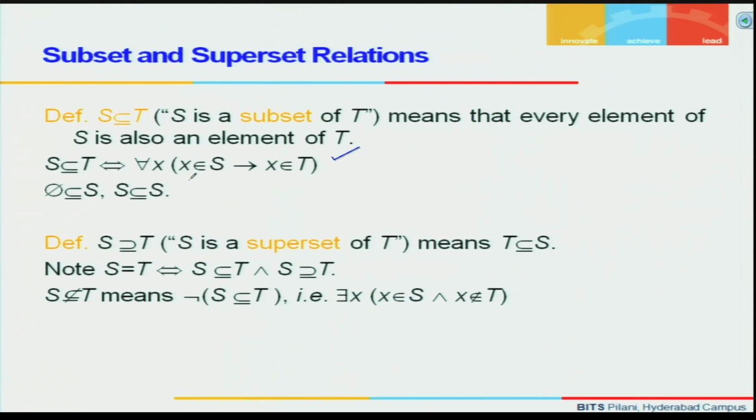For all x, whenever x belongs to S, then that element should be there in T also. Whenever this particular condition is being satisfied for all x, then I say S is subset of T, otherwise not. Hope you are getting me.